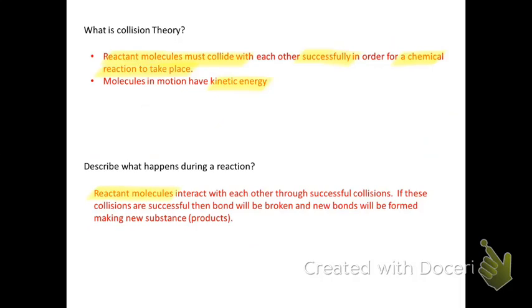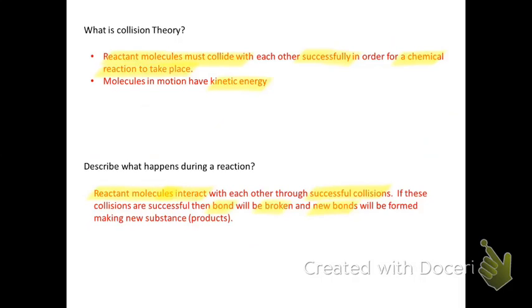Well, reactant molecules must interact through these successful collisions that we're talking about. Now, if these collisions are successful, then bonds will be broken. The reactant bonds will be broken, and we will then rearrange the atoms to begin to form new bonds.